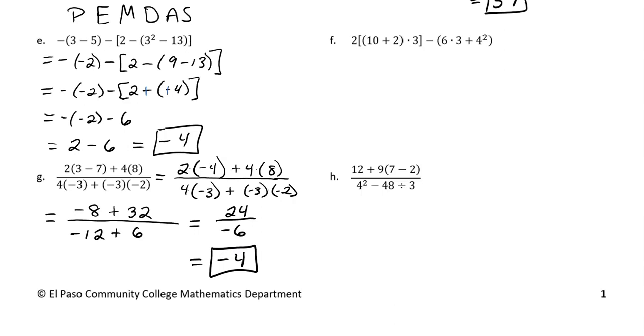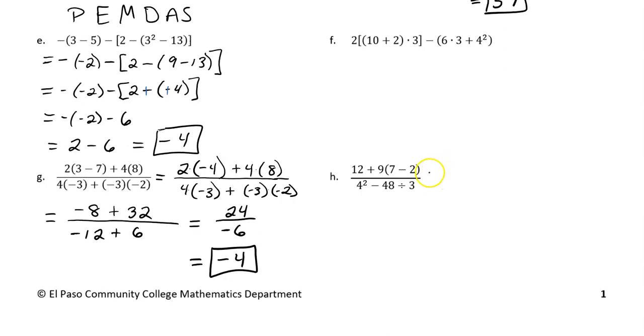So the problem started pretty complicated, it looked pretty messy. All of these numbers mixed in there, and it finally came out to a negative 4. Let's try one more with a fraction. Let's try h. We have 12 plus 9 times 7 minus 2, all divided by 4 squared minus 48 divided by 3.